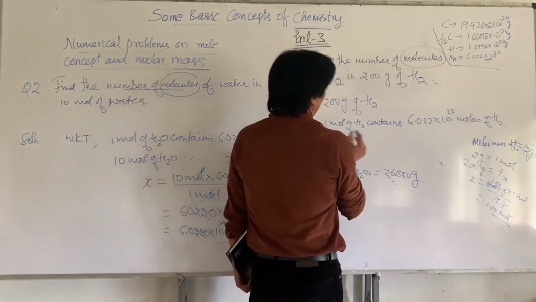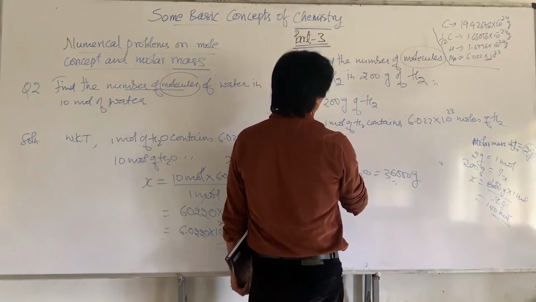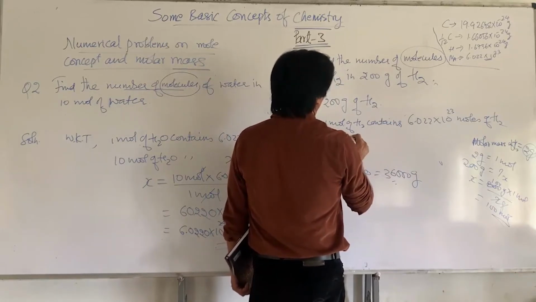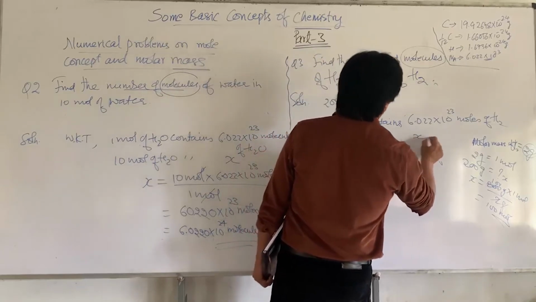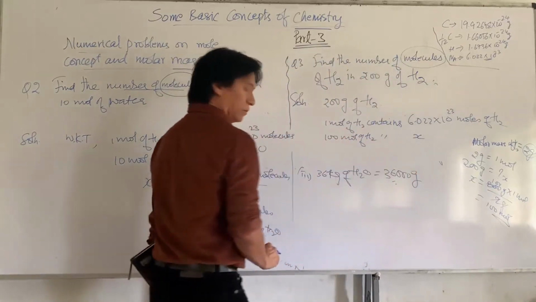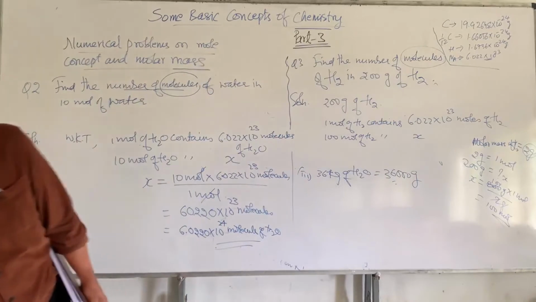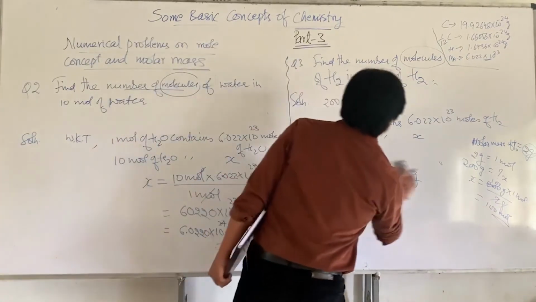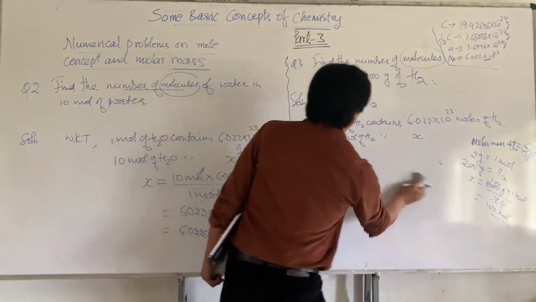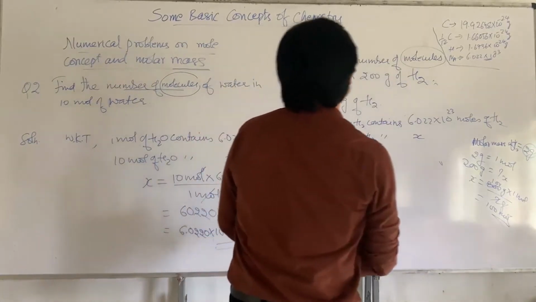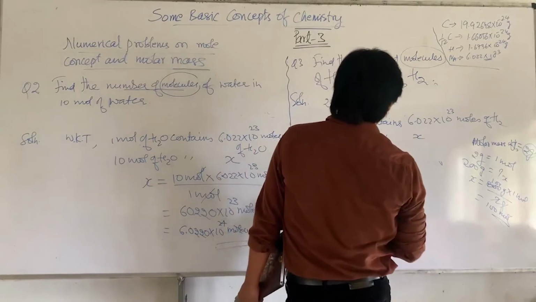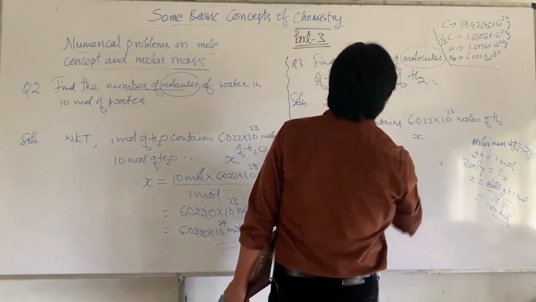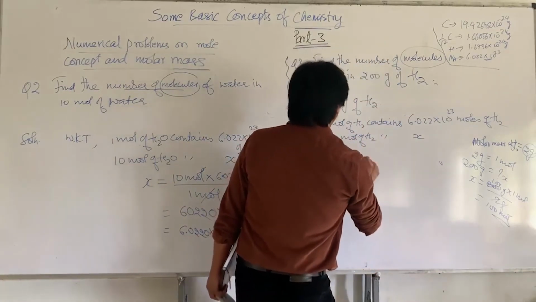So now your 100 moles of H2 contains, let's take this X. And then now when you simplify this expression, you will get the value of X, which will give you the number of molecules of dihydrogen in 200 grams of hydrogen.